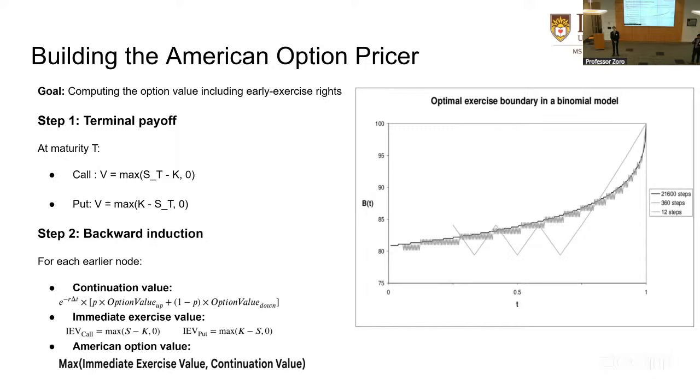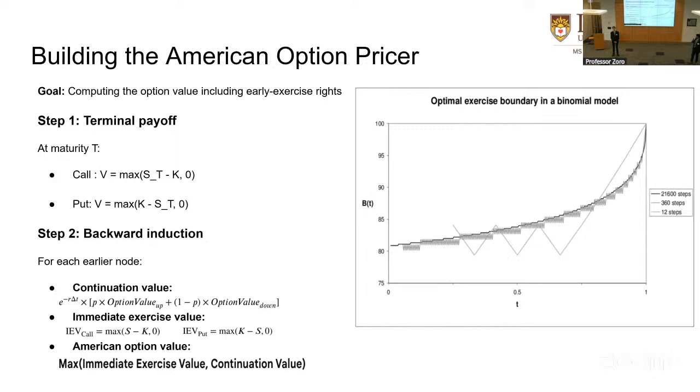One is the continuation value, which is the discounted expected value if you held that option until maturity. The other is the immediate exercise value, which is just the intrinsic value of the option. Using those, you find the optimal American option value at that point by taking the max of the continuation value and the immediate exercise value.